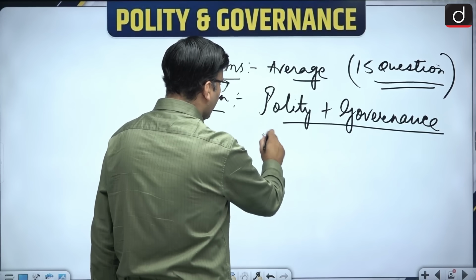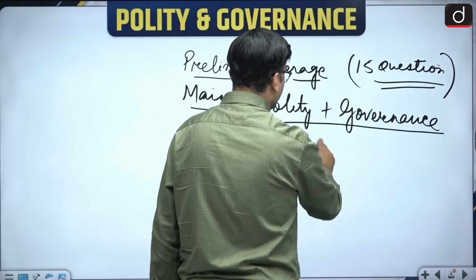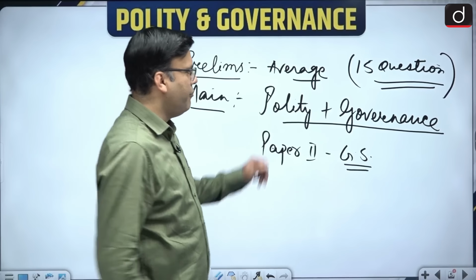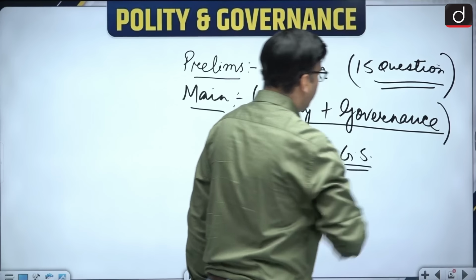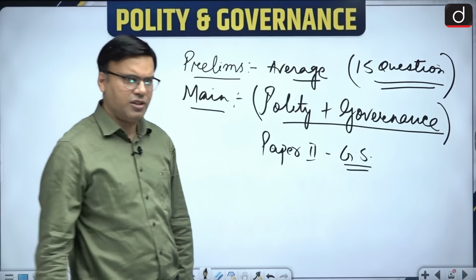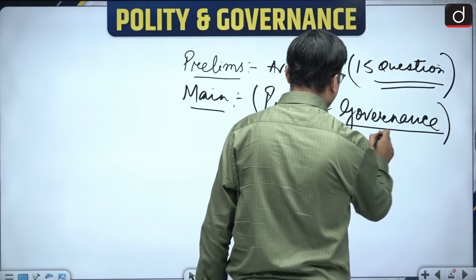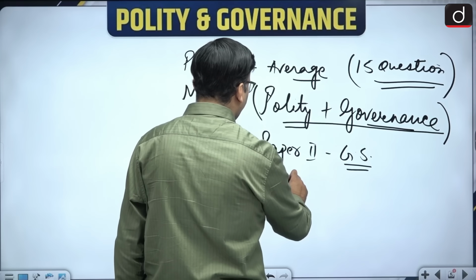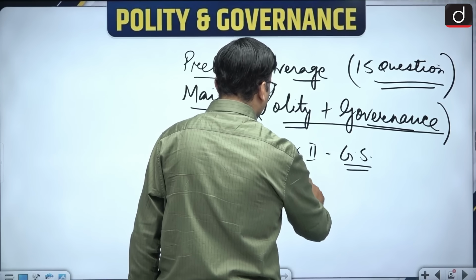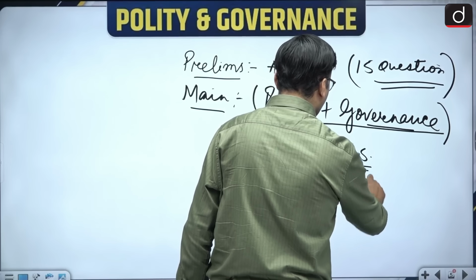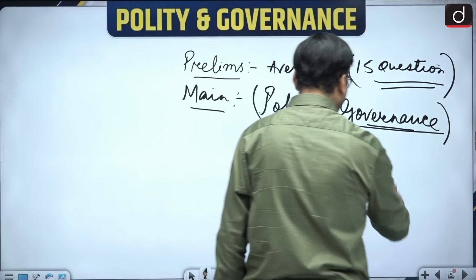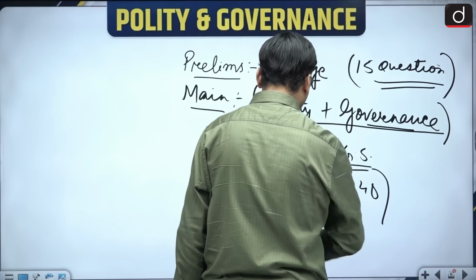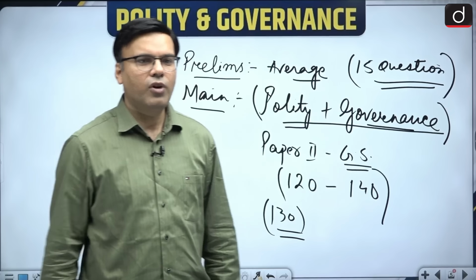If I look at paper 2 of general studies, this is a very important constituent together with international relations, and if I take a very general estimate, I would say it would constitute between 120 to 140. So if I take a very conservative estimate, you are actually writing a portion which is roughly 130 marks.